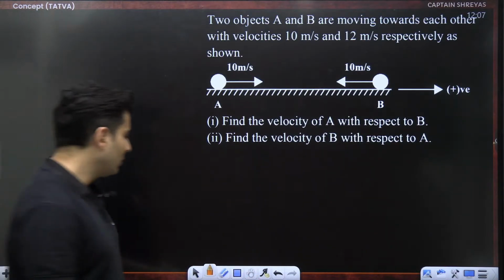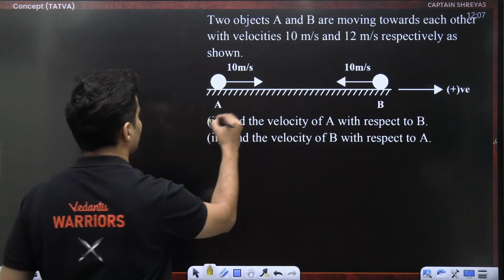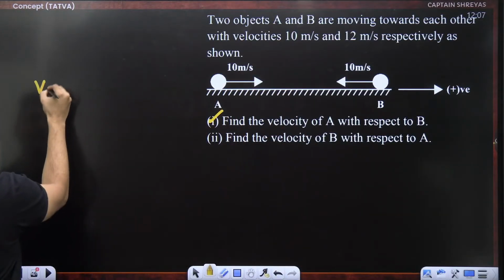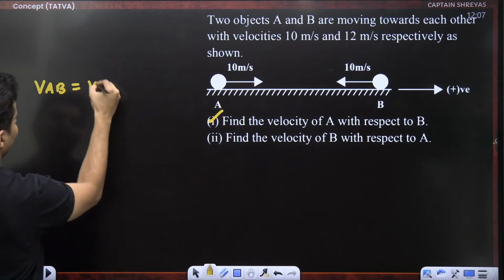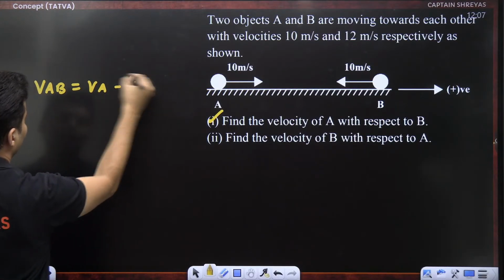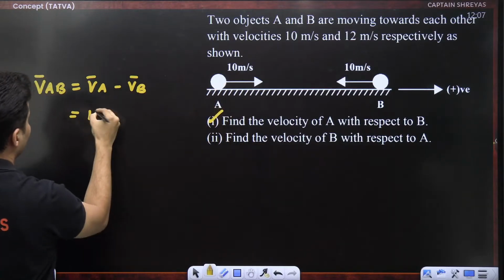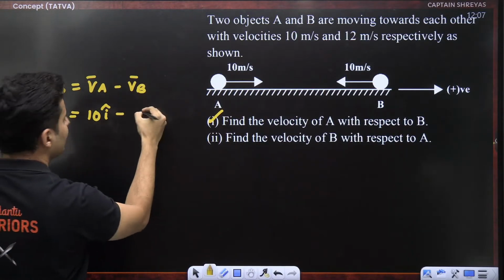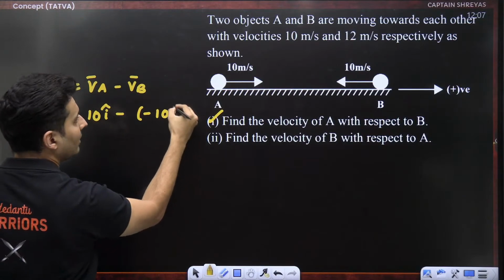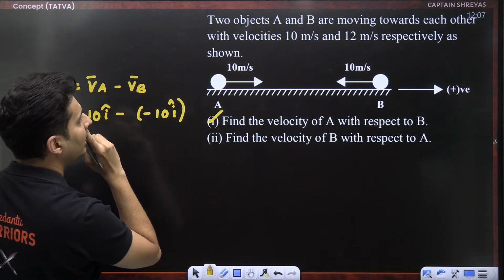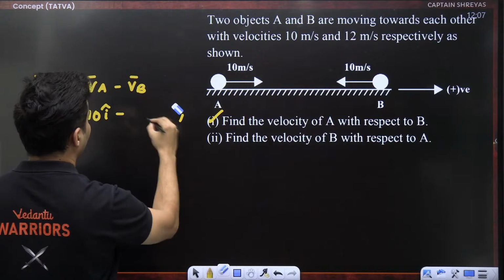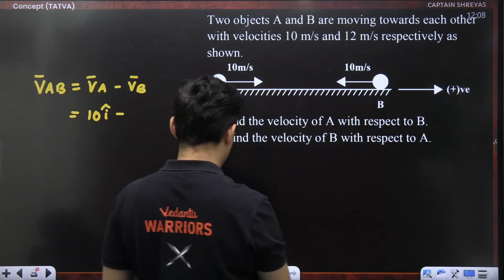Okay, let's try to do these questions, guys. Starting off with the first question now. Velocity of A with respect to B is VA minus VB. VA, this is A, that is B, is nothing but 10 I cap. VB is nothing but minus 10 I cap. Okay, 10 and 12. I think the diagram has something misprinted.